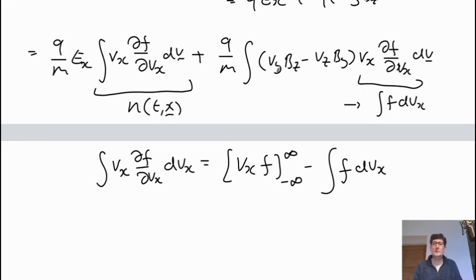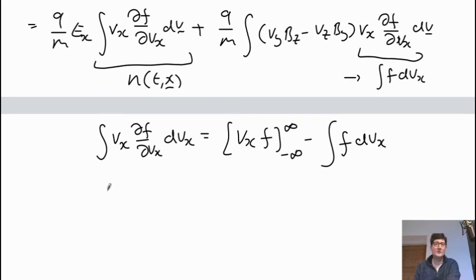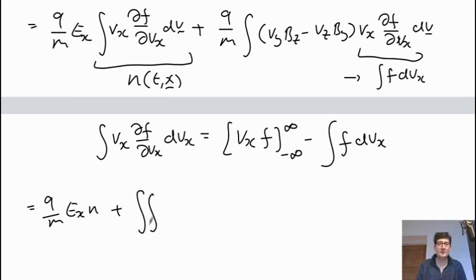Then we integrate the whole thing over dvy dvz. So what we end up with, if I write this out, is that the first term is just q over m, Ex times n. So this is the first term. The second term, if I write out the integrals explicitly, we have an integral over vy vz, so vy vz minus.